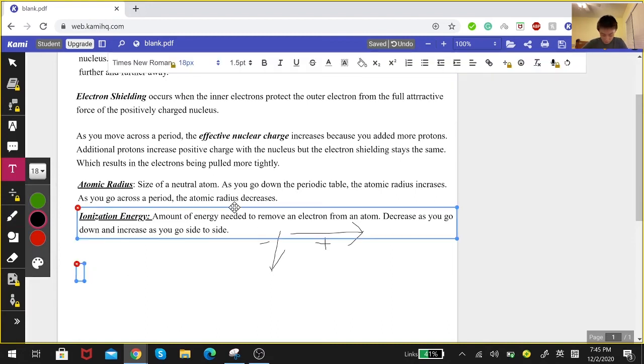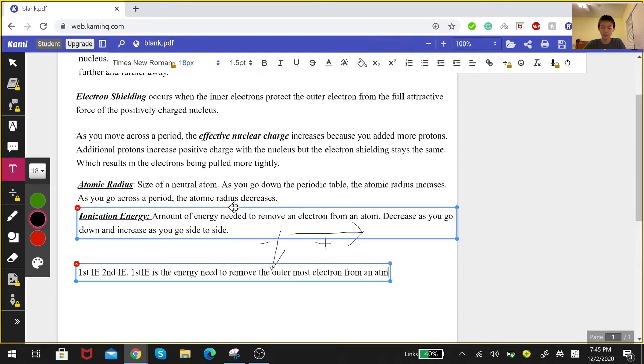Next we have first ionization energy and second ionization energy. First ionization energy is the energy needed to remove the outermost electron from an atom. The second ionization energy is basically the same, except it comes after that.